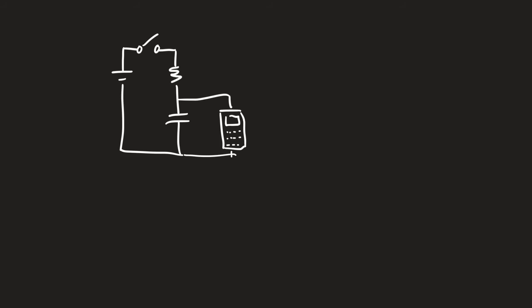So if the circuit of the calculator was in line with the capacitor, they would see the same voltage. At time 0, the voltage here would be 0. Over time, the voltage across the capacitor would increase, so the voltage across the calculator would increase. I could choose when the calculator turns on by tuning the resistor and the capacitor.